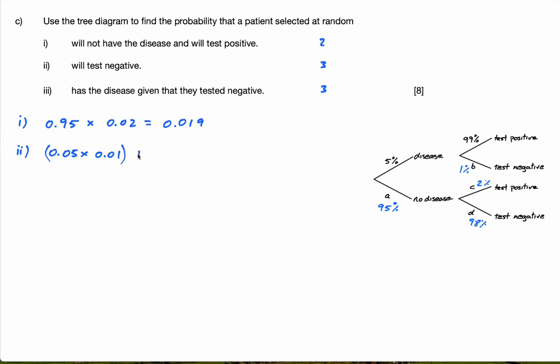Or, which is a plus. So it's this and this, disease and negative, or no disease and negative, which is this and this. So it's disease and negative, or no disease and negative. And we just put this into the calculator.